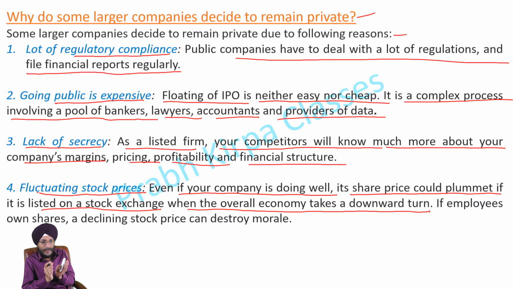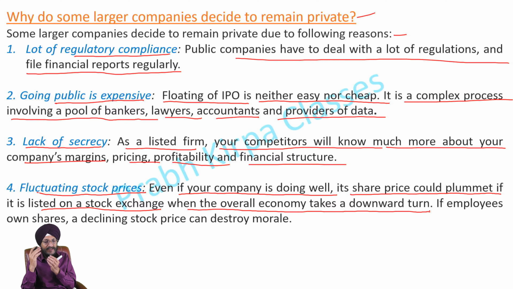If your company is listed on the stock exchange and in 2020 there was coronavirus, it spread the world over. The shares of all the public companies had fallen sharply on the stock exchanges. It had no relevance with the performance of the companies.